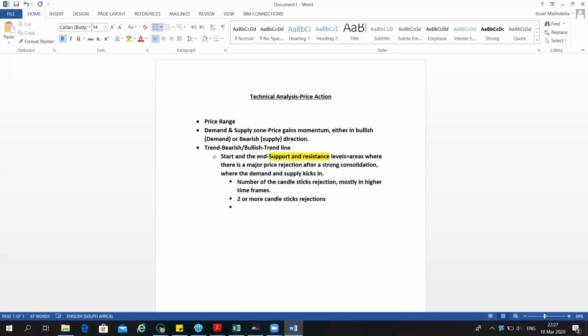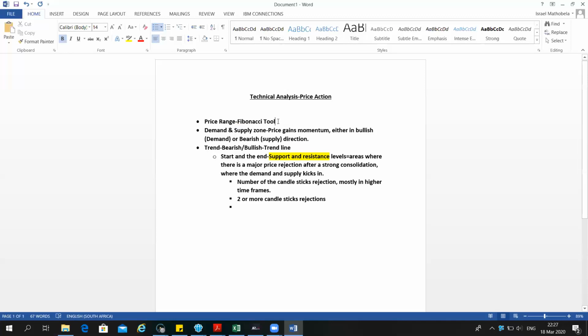So let us recap. What do we look at? We look at the price range, right? How is the price moving? Here we are going to factor in the support and resistance and the demand and supply zones, right? And another thing that we can factor in is Fibonacci. There's a Fibonacci tool, either for retracement or expansion.